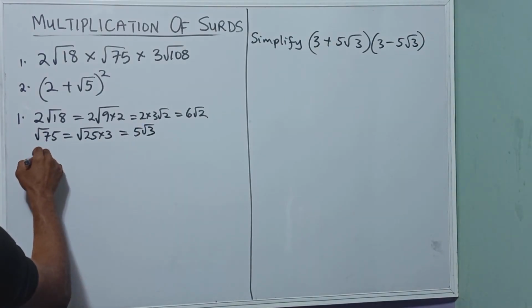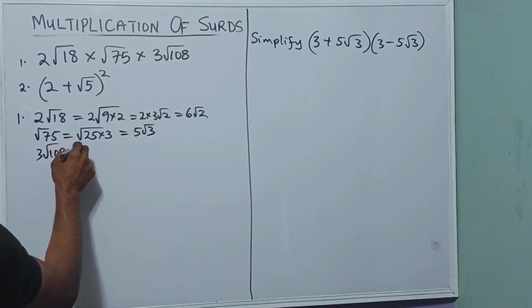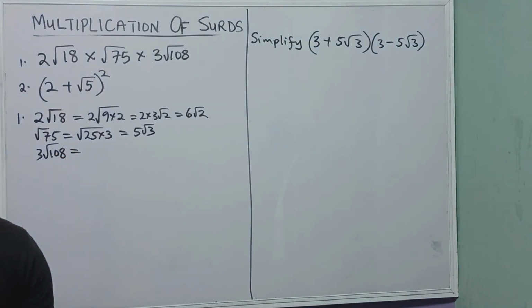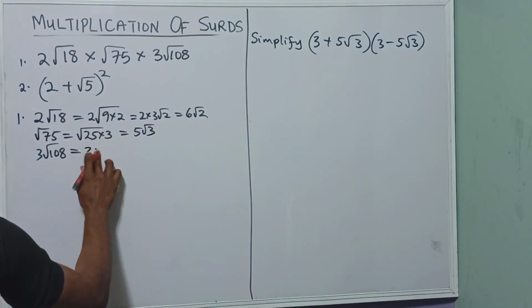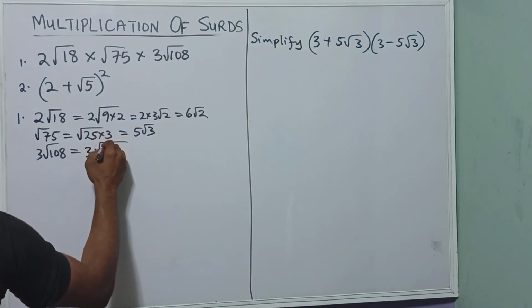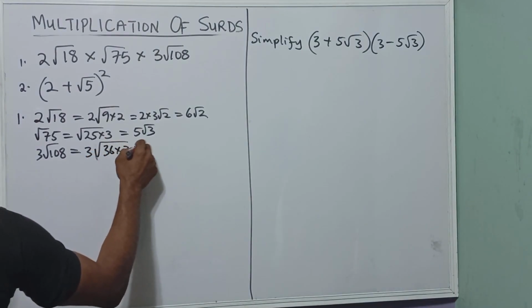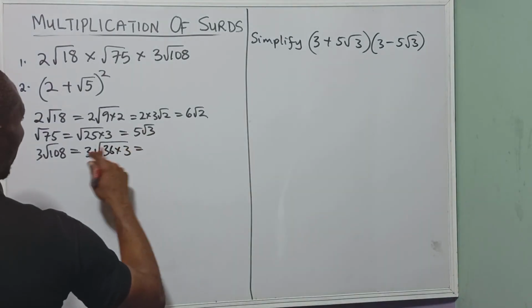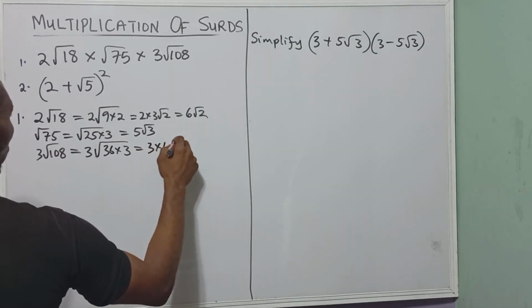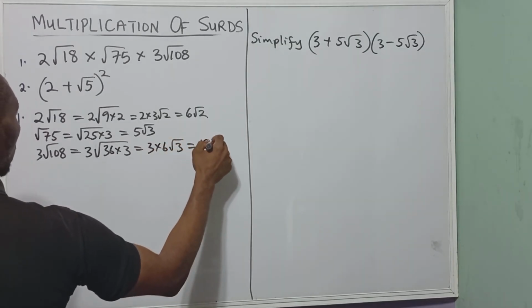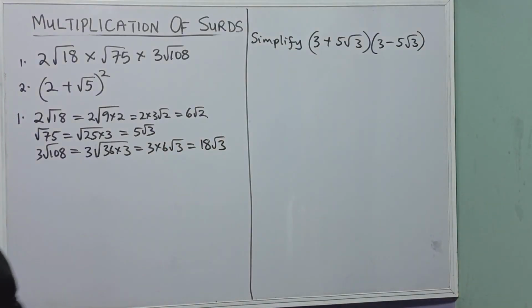And for 3 root 108, we have it as 3 root 36 times 3, which is 3 times 6 root 3. 3 times 6 will give us 18 root 3.